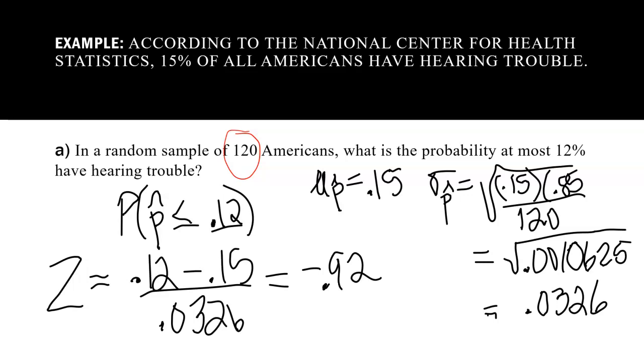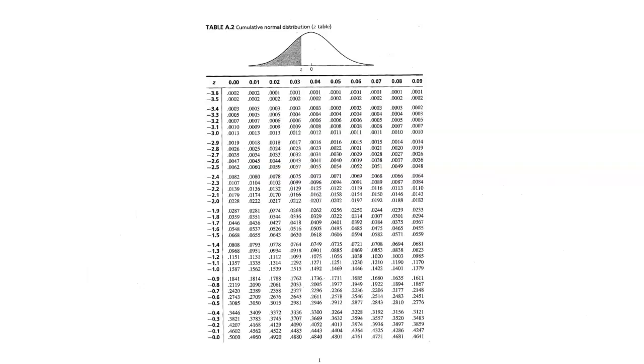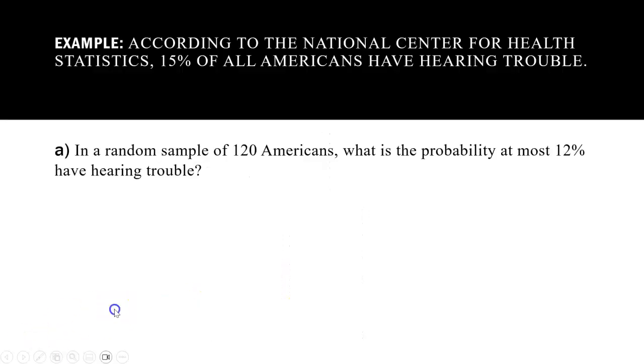Remember, your z-chart only goes to the 100th value, so we want to stop at the 100th value. Now we want to use our z-chart to find the probability that z is less than negative 0.92, which is 0.1788.